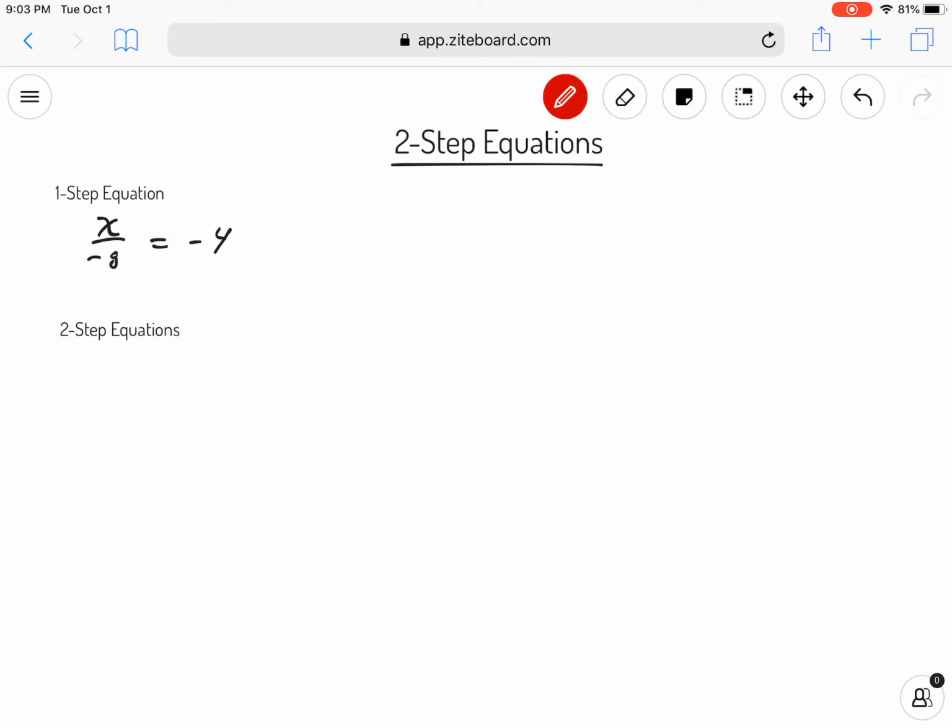And to solve for x, we would do the opposite operation of the division, since that's what we're dividing x by, which means we now multiply by negative 8. And that gives us that x is equal to 32. Okay, one-step operation. So, one operation.